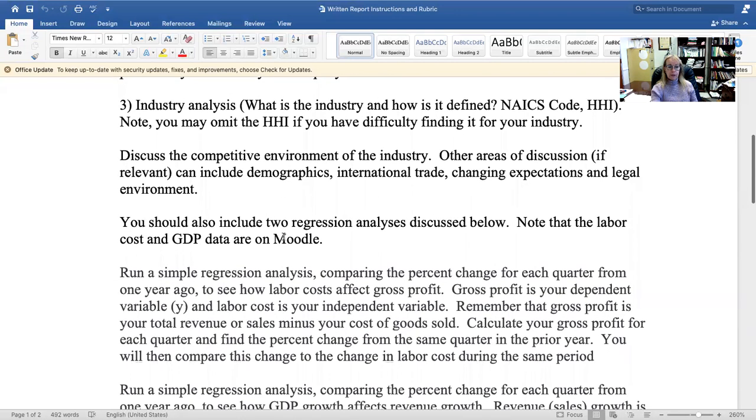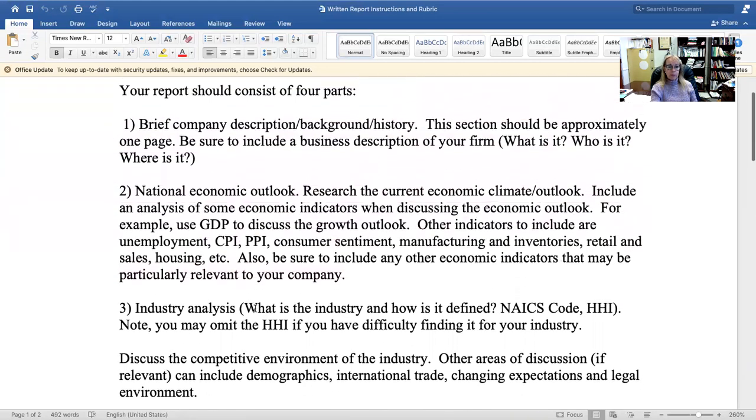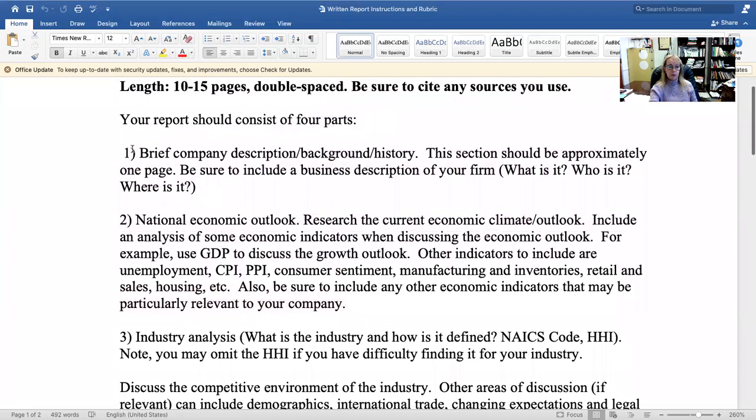All right, and then in this section, you're also going to include 2 regression analyses. I'm going to talk about this more in detail when we're face to face. You don't have to concentrate on this this week. I think if you can just complete or do the research to complete part 1 and part 2 by next week, you'll be in awesome shape.